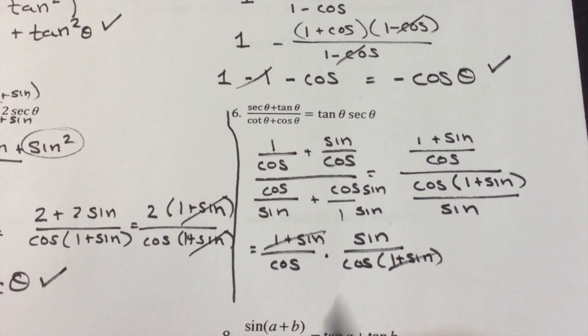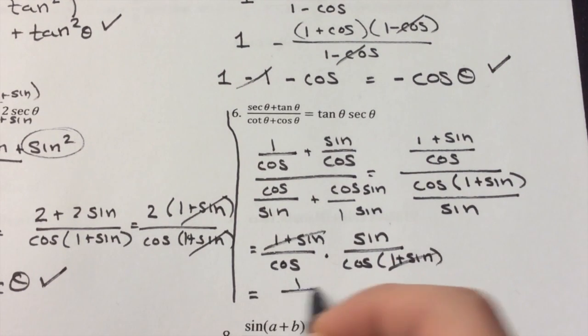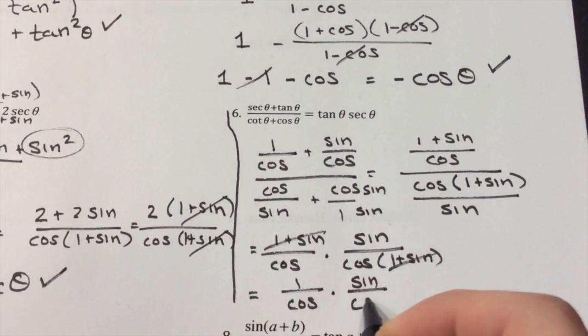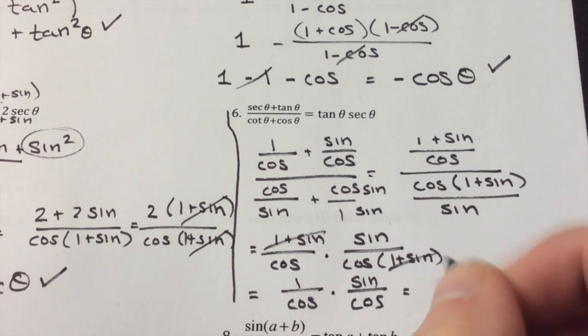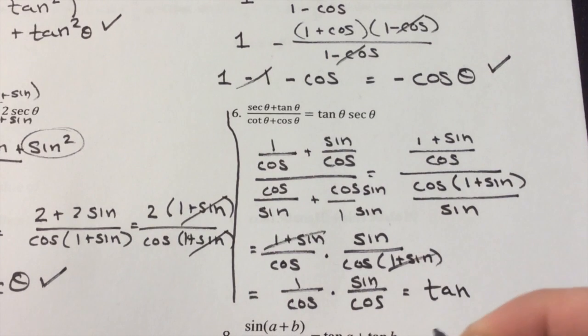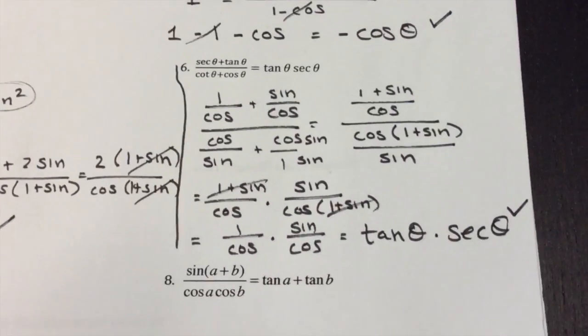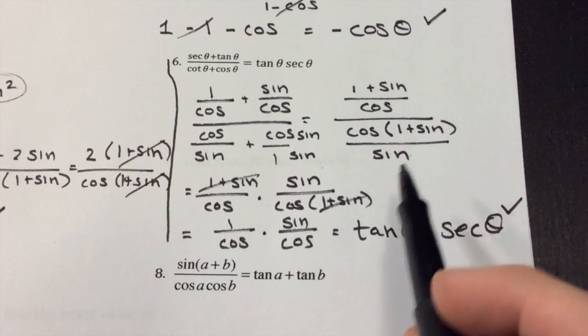So now I have 1 over cosine times sine over cosine, which gives me, if I just reorder this, tangent theta, secant theta, which is what I wanted. Now that one's a little trickier. We had to get a common denominator there.